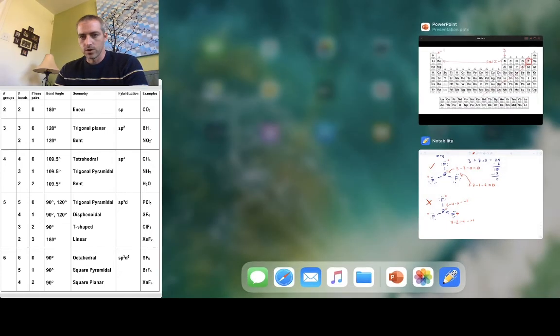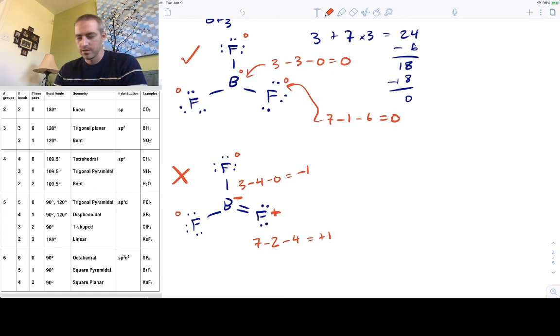Helium we kind of ignore because helium typically doesn't bond. It's a noble gas. Positive formal charges are very disfavored on atoms that are very electronegative. So we don't really like having fluorine here with a positive charge. Okay, so this is not what we want.